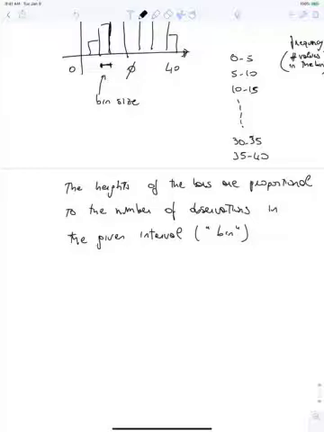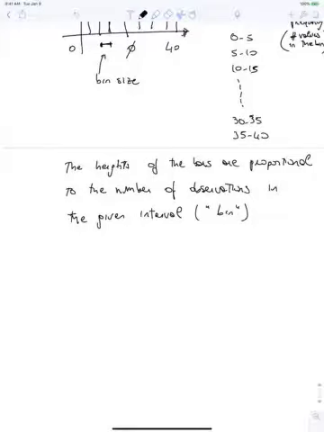Like in MATLAB, typically there's a function that computes the histogram for you. Otherwise, you can do a for loop over all the samples, and you check if the sample belongs to the first interval, the second interval, and so on and so forth, and you count how many times this happens.